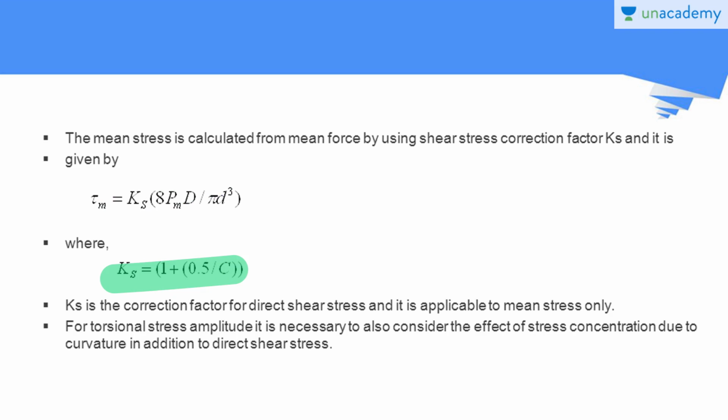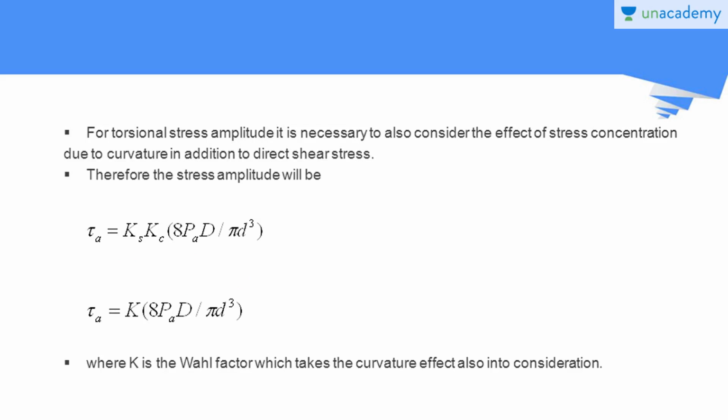For torsional stress amplitude, it is necessary to also consider the effect of stress concentration due to curvature in addition to direct shear stress. The effect of curvature on the stress amplitude is considerable. That's why we have to add the curvature correction factor in the calculation of the stress amplitude, given by tau a equals Ks into Kc into 8 Pa D by pi d cube.